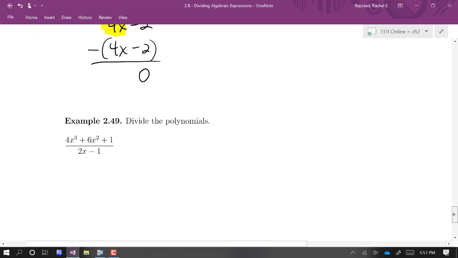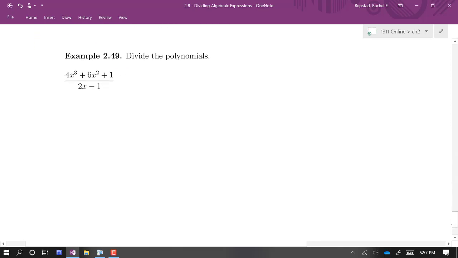Let's do another one. I'm going to take 4x cubed plus 6x squared plus 1 and divide that by 2x minus 1. So 4x cubed plus 6x squared plus 1. I'm going to write that inside the division box. Now notice there's no x term here, right? I've got no x to the first term, which is fine.